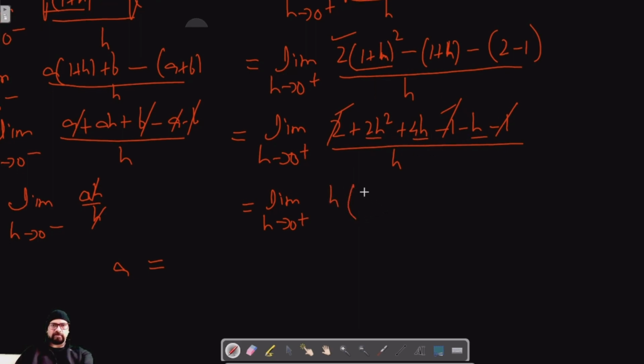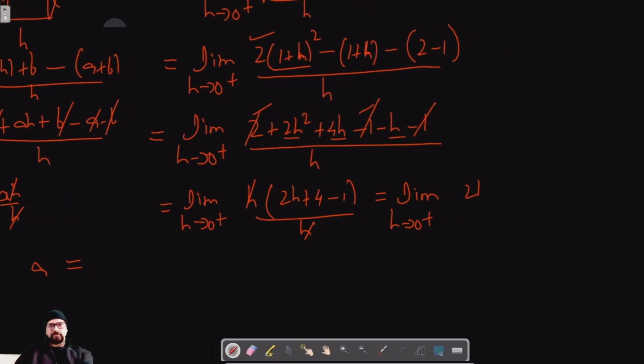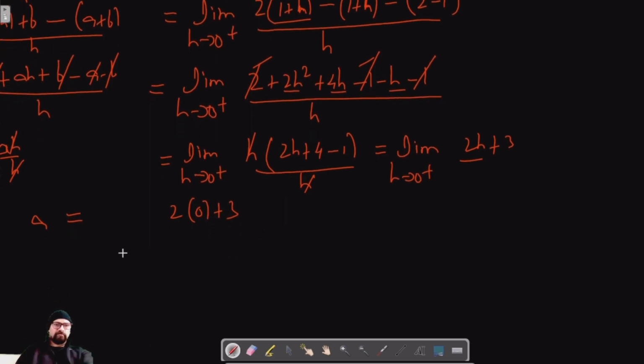Let's take h common, so this is 2h plus 4 minus 1, and h gets cancelled, which is equal to limit h tends to 0 positive, 2h plus 3. If we use the limit now, this is equal to 2 into 0 plus 3, which is equal to 3. So a is equal to 3.